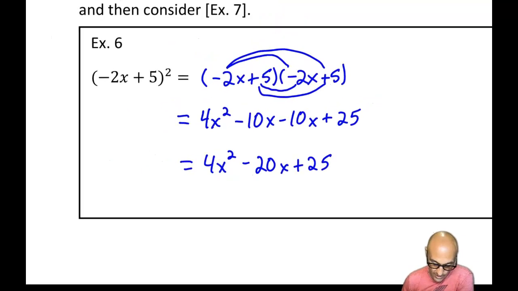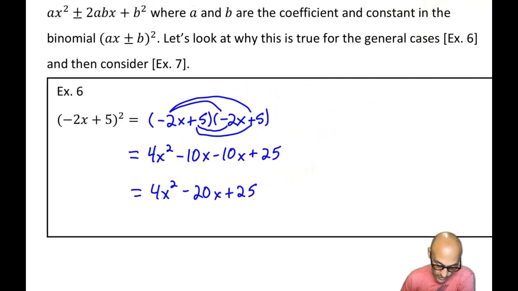So now what we can see is that we had a negative 2x as our leading coefficient, and that resulted in a negative here. Our a is 4. So that means that this negative 20 is going to be negative 2 times 5 times the 2, the leading 2.